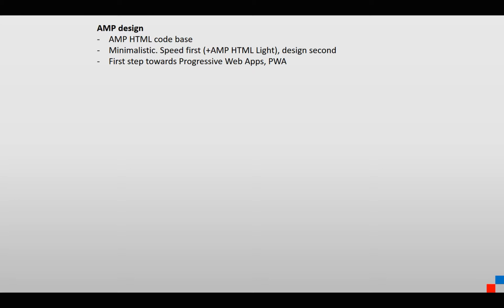So the first thing to consider is that AMP is basically a parallel evolution of HTML. It cannot replace standard HTML immediately. So what's happening is that websites have two URLs.